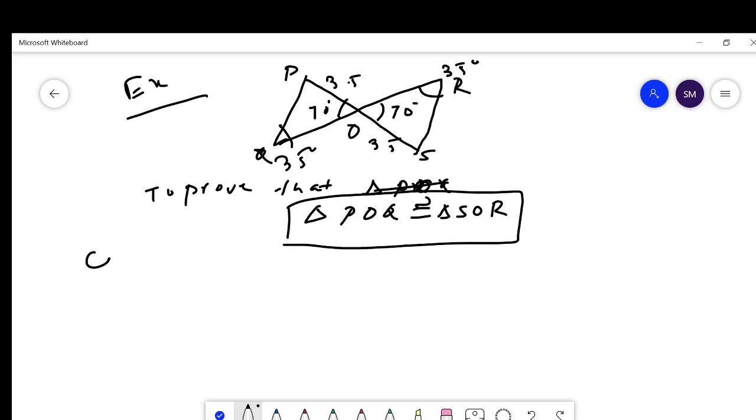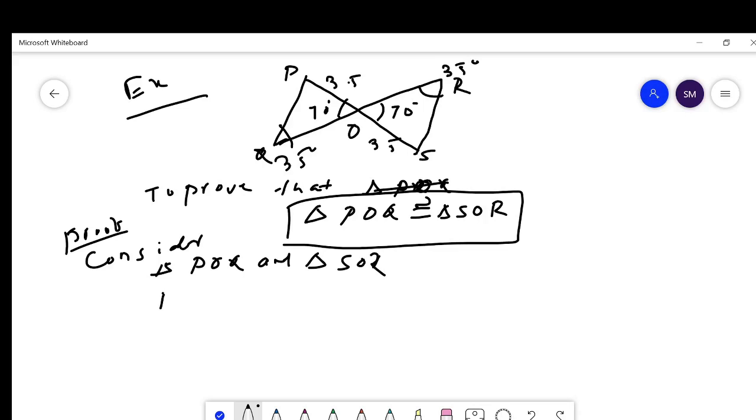Here is the proof. Consider triangle POQ and triangle SOR.